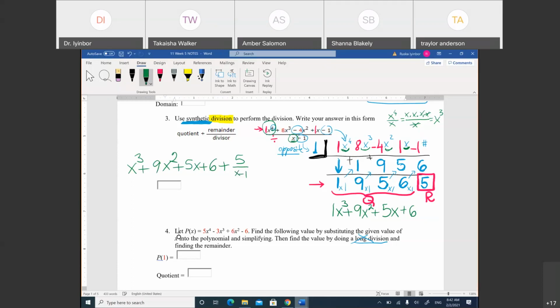Let me write it better. Okay, so 5 is above x minus 1. So that's my final answer. That's how you're going to put your answer. And you put it in WebAssign using exponent and fraction. I mean, pretty much you know how to do that, right? Okay? Yes, it's a long answer, but this is the easy way. Okay?